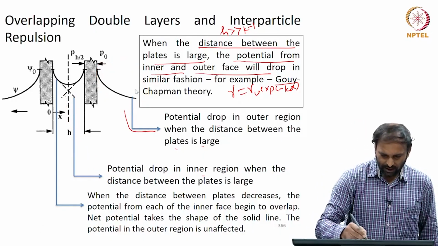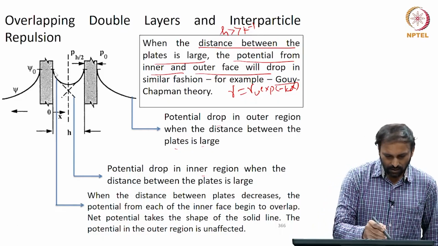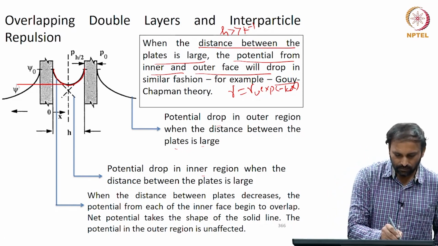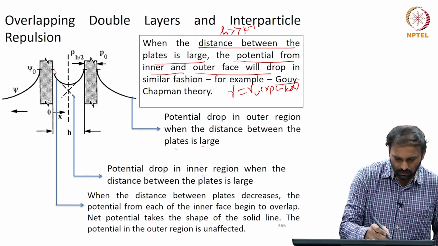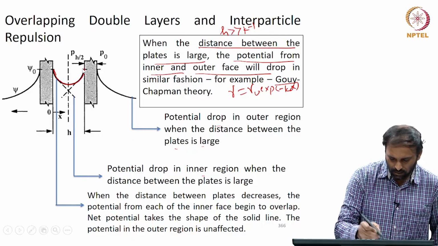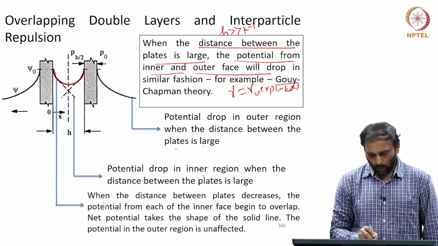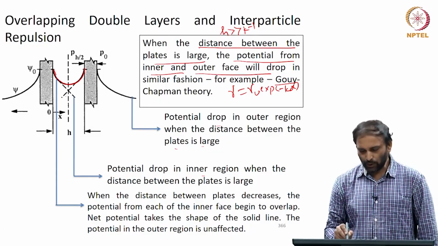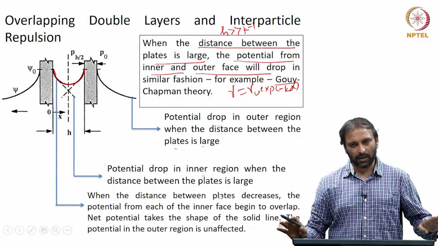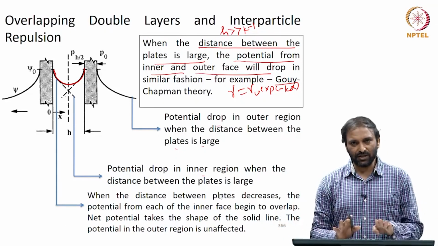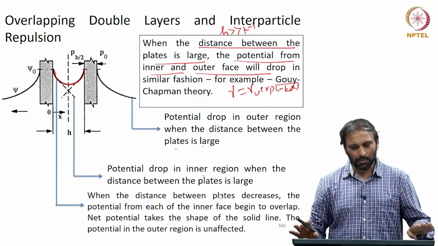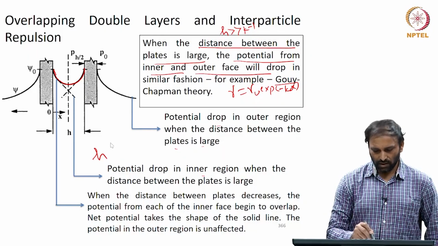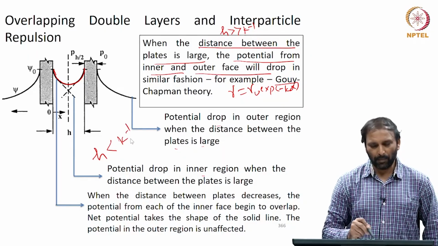And what you also see in the schematic is this line. This is the potential variation when the distance between the particles starts decreasing, that means when the particles are sufficiently close such that now h is less than kappa inverse.